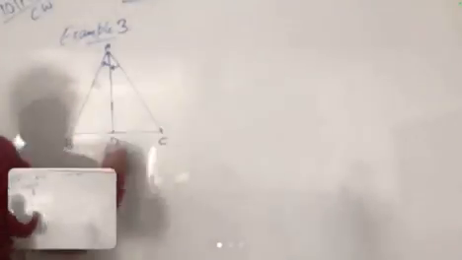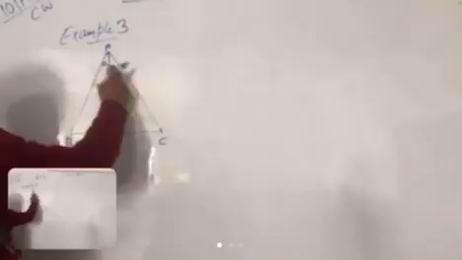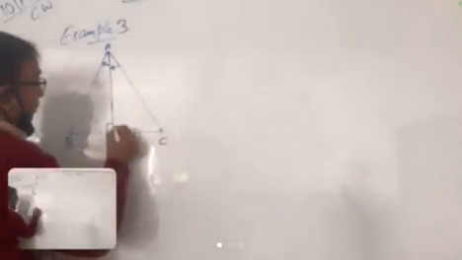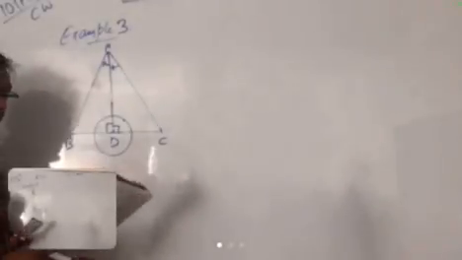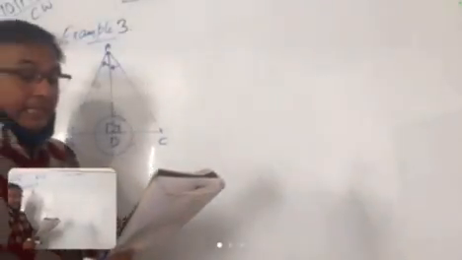AD is the bisector of angle A. So we have to prove this, कि AD is perpendicular to BC or not. समझ में आई बात? This is example number 3. Prove that the bisector of vertical angle of an isosceles triangle bisects the base at right angle.